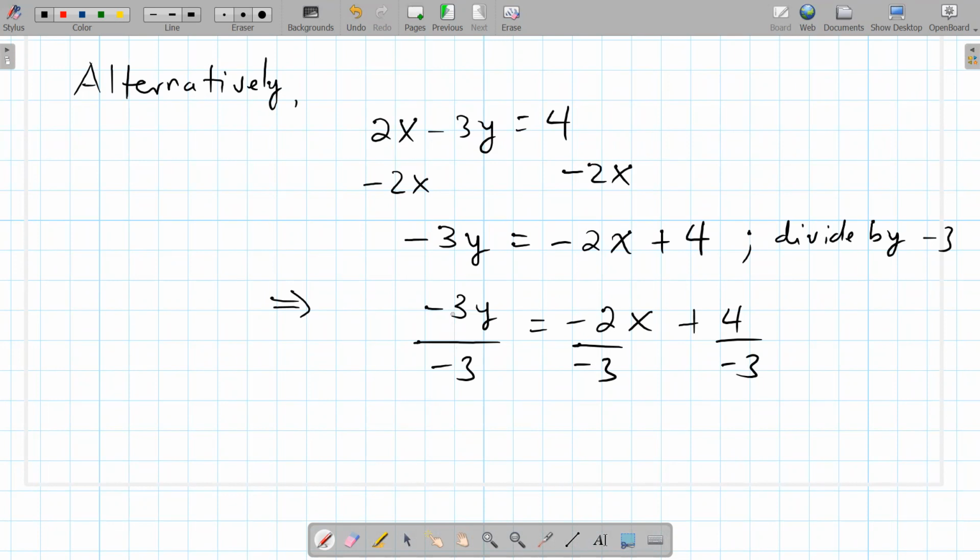The -3 here is crossing out, so I'm just going to be left with my y. Remember, 2 negatives will always be a positive, so they cross out. So I should be left with 2 over 3x, and then a positive and a negative as you divide is going to be a negative. So that'll be 4 over 3.